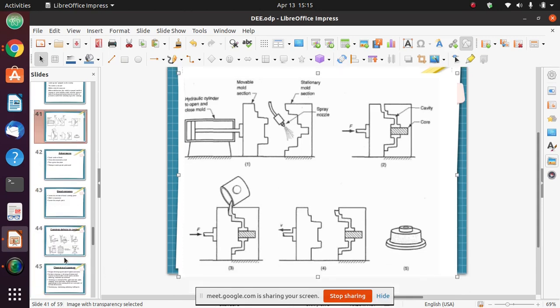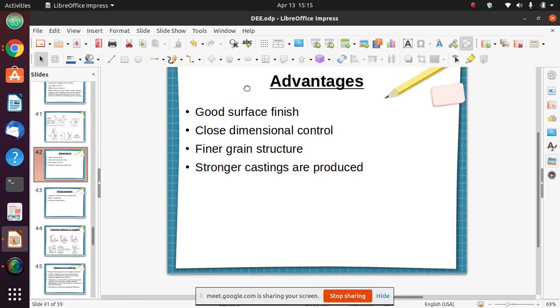Now, what are some of the advantages of permanent mold casting? It has a good surface finish. Since you have already machined the mold, the surface of that casting will take the shape and the surface of the mold.